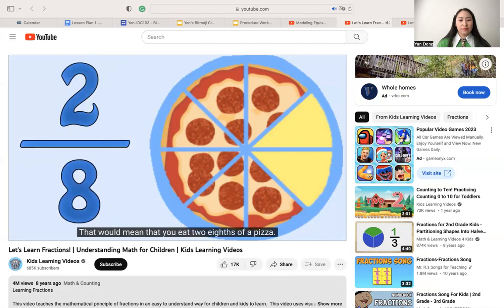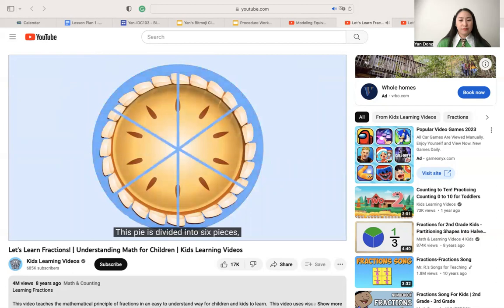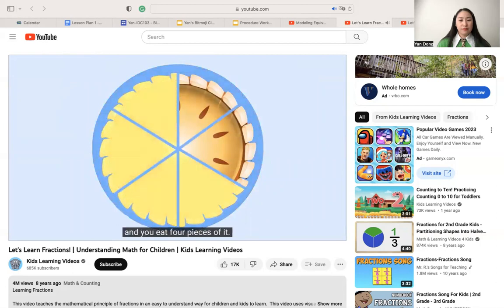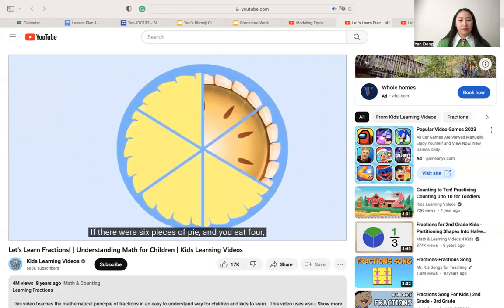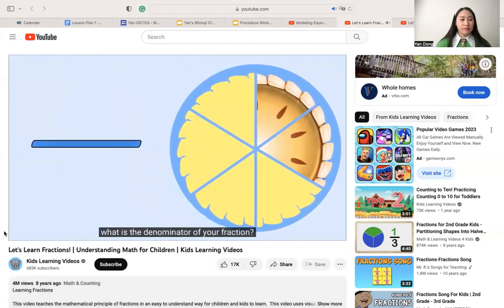That would mean that you eat 2/8 of a pizza. Let's try another example. This pie is divided into 6 pieces, and you eat 4 pieces of it. If there were 6 pieces of pie and you eat 4, what is the denominator of your fraction?